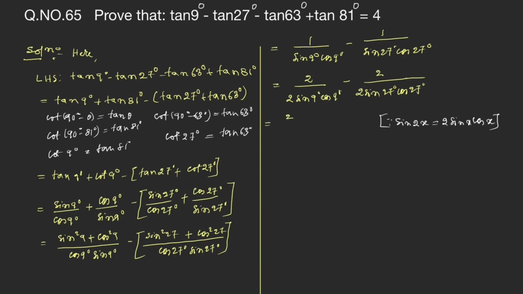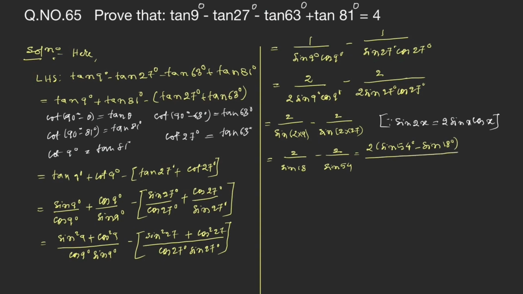So this is equal to 2 divided by sin 2 into 9 minus 2 divided by sin 2 into 27, which is equal to 2 divided by sin 18 minus 2 divided by sin 54, which is equal to 2 (sin 54 degree minus sin 18 degree) divided by sin 18 degree sin 54 degree.